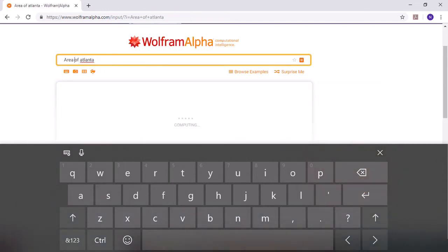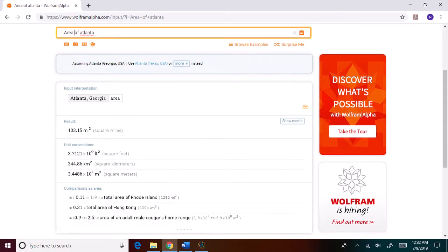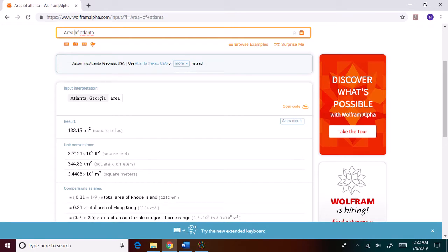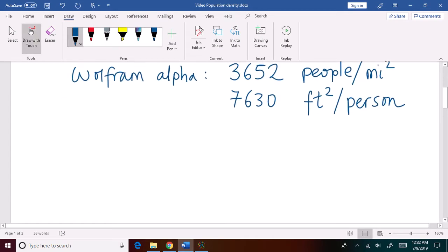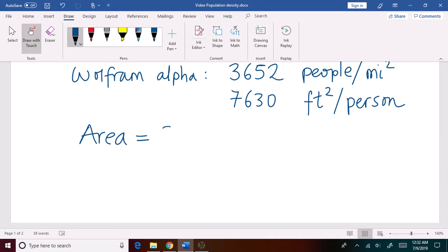We just see that it's 3.71 times 10 to the 9 square feet. So the area is equal to 3.71 times 10 to the 9 square feet.